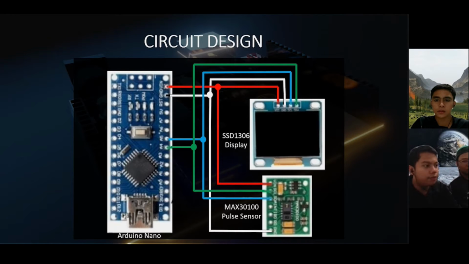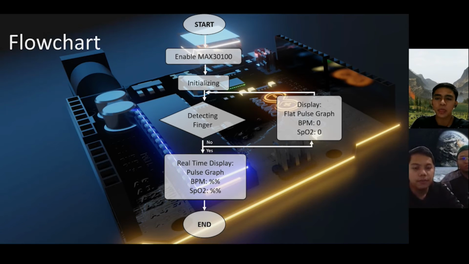The connections are fairly simple. You can see it yourself. Next, for the flowchart of our programming, when we start the coding, first we enable and initialize the sensor. The function of the sensor is to detect whether there is a finger on the sensor or not. So when the sensor detects that there is no finger, the LCD will display a flat pulse graph, and the reading of beats per minute and oxygen saturation will be 0.